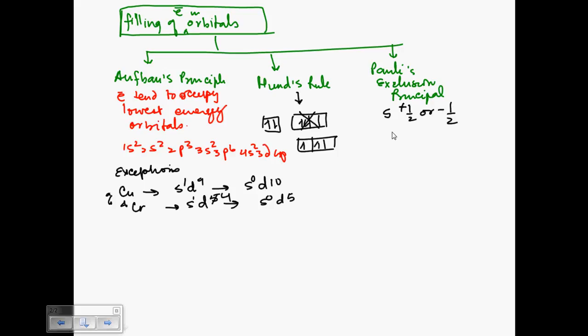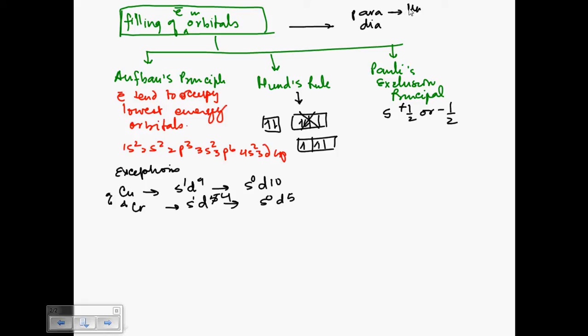And with filling of orbitals and quantum numbers, I would like to now move on to 2 more keywords which are related to filling of orbitals. They are called para and diamagnetic. Remember, paramagnetic are substances that can show magnetic properties.